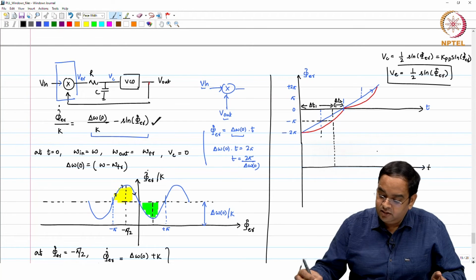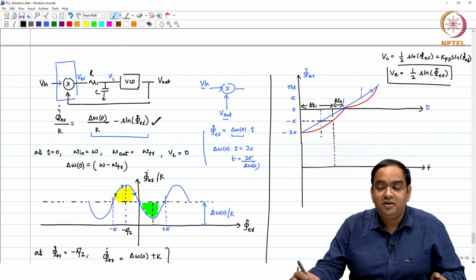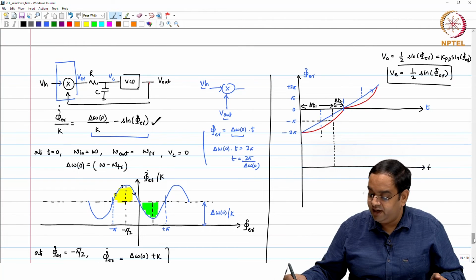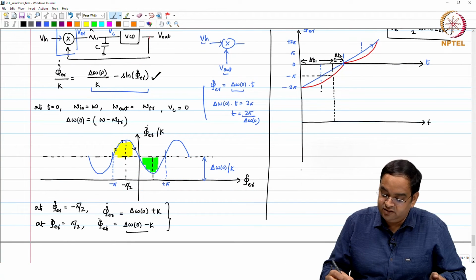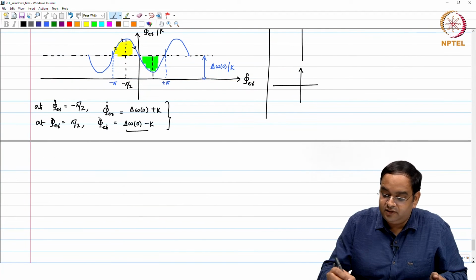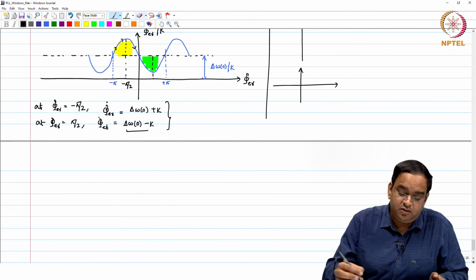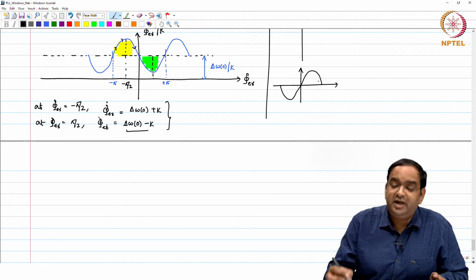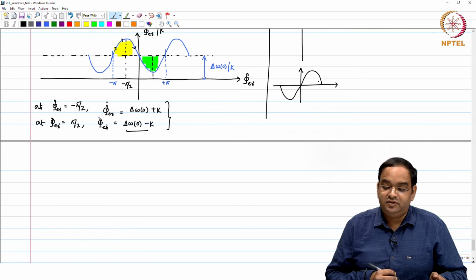When the phase error goes from minus 2 pi to 2 pi, that time sine is actually going to be... So, you look at this, your phase error goes from minus 2 pi to 2 pi. So, if I just plot a sine waveform, we all know the sine waveform is nothing but this, right. This is your sine waveform.